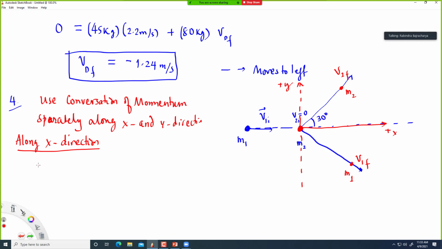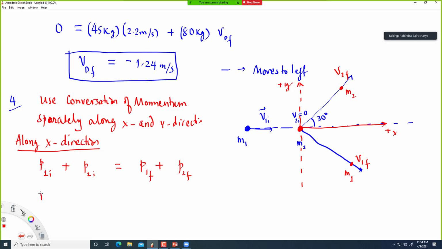So momentum of 1 plus momentum of 2 is equal to momentum of 1 plus momentum of 2, before collision, after collision. So what's the momentum?